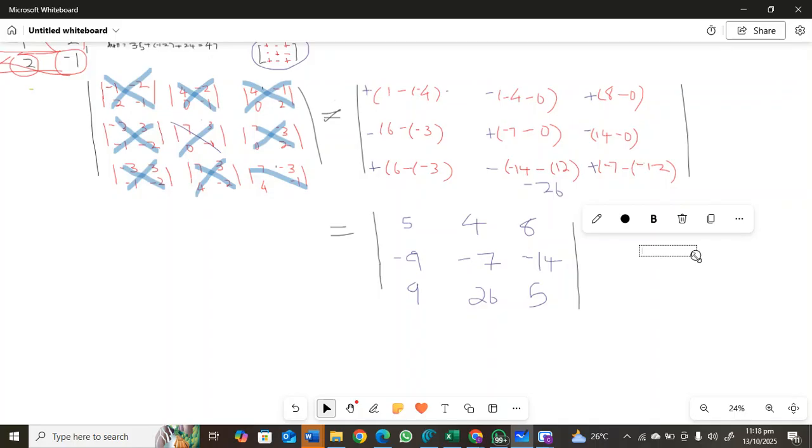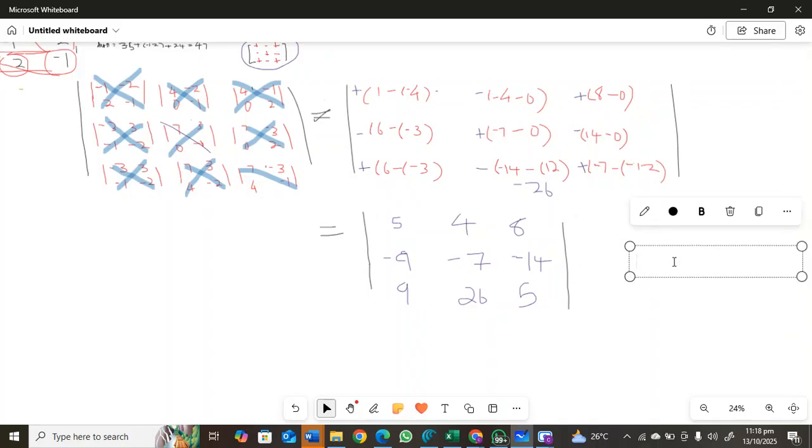Step 3, we are getting the adjoint matrix, meaning we have to transpose. Negative 14 minus 12. What does your calculator give you?